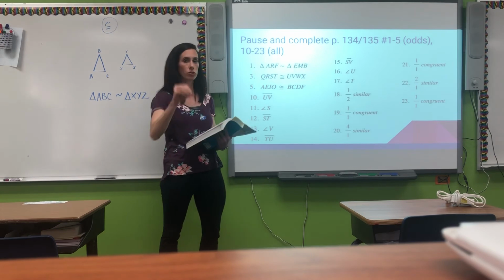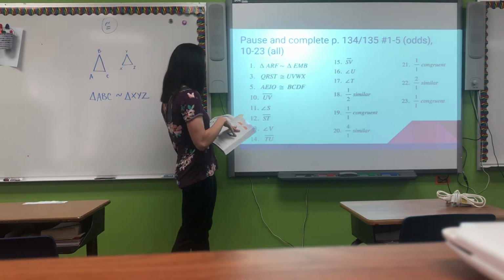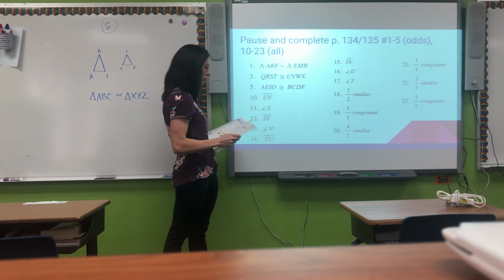On number 10, it showed you 2 shapes, and so you're looking at which sides are congruent to which sides. So on number 10, OP was congruent to UV.